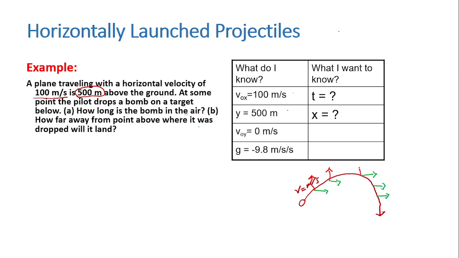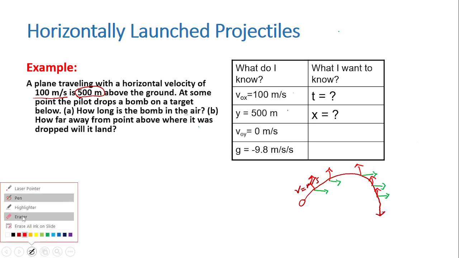The red arrows were showing the vertical component. What did we discuss about velocity?